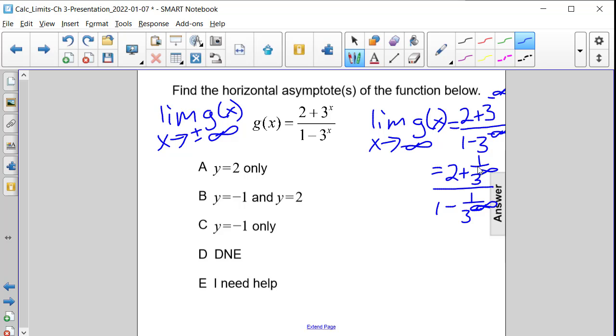So we would have 2 plus 1 over infinity and 1 minus 1 over infinity.